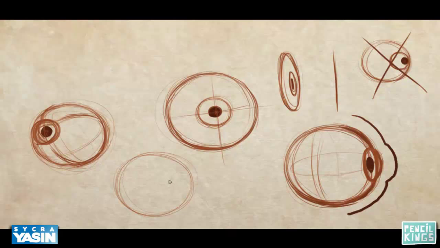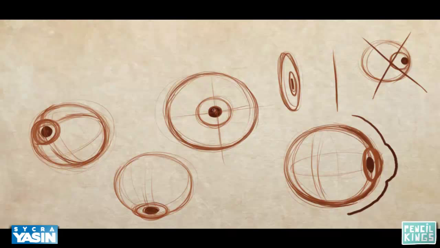Let's say the eye's looking down. Now the pupil and the iris take on elliptical shapes.